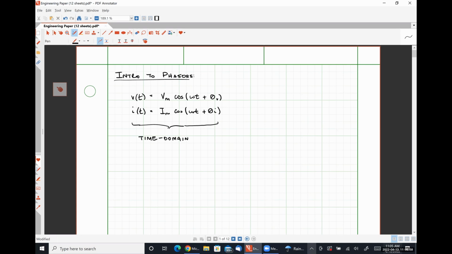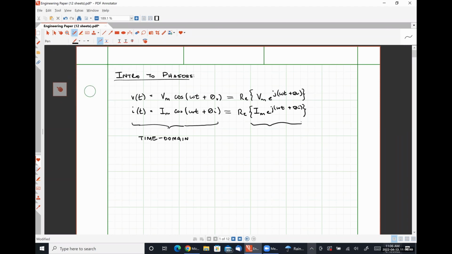In Circuits 1, we learned that these time domain representations of signals are nothing more than the real part of mixed domain signals, Vm e to the j(omega t plus theta v), and the real part Im e to the j(omega t plus theta I).